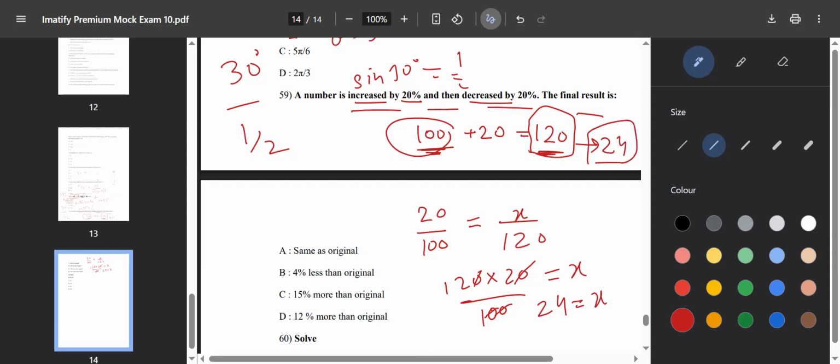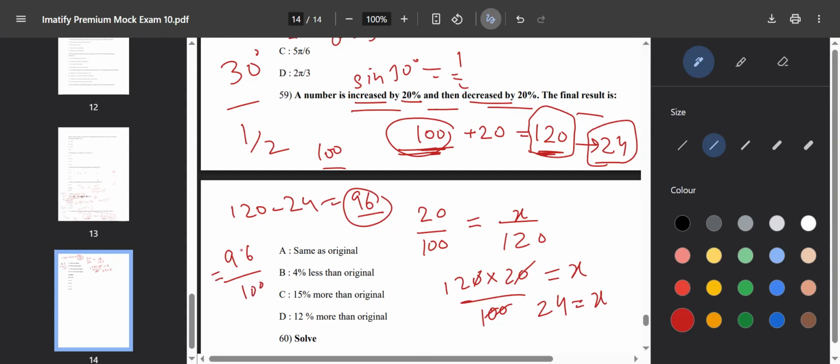So we do some subtraction here. 120 minus 24 will be 96. So this is how much less than the original amount. The original amount was 100, and it decreased to 96.